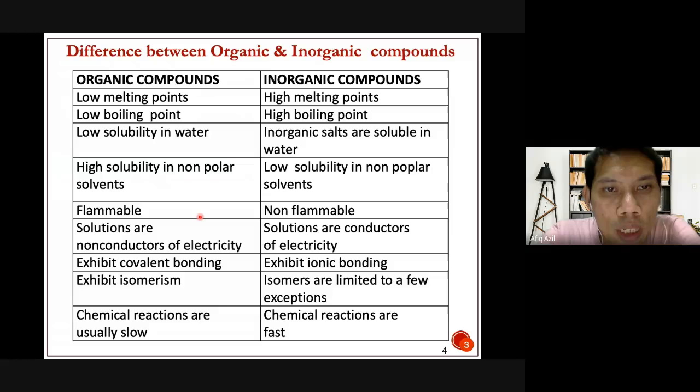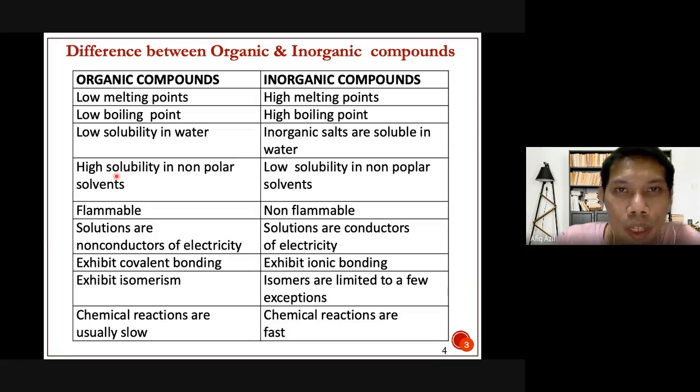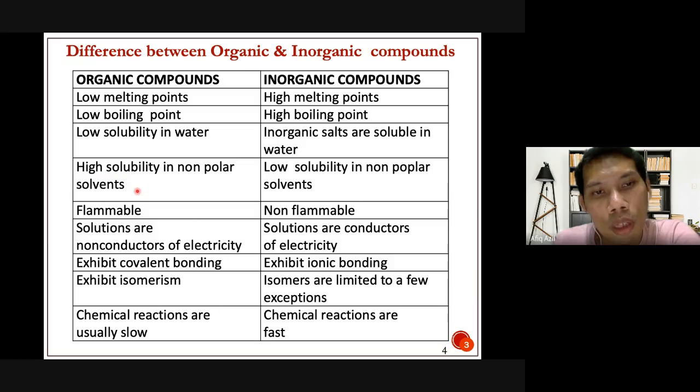And then in terms of solubility, organic compounds have high solubility in non-polar solvents, but this actually depends on the type of organic compound itself. If the compound is non-polar, then most definitely it will prefer to be soluble in non-polar solvents.